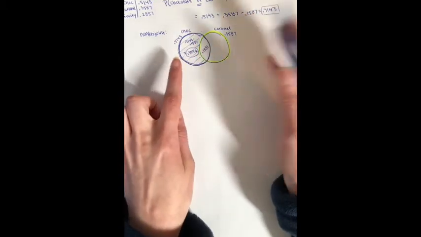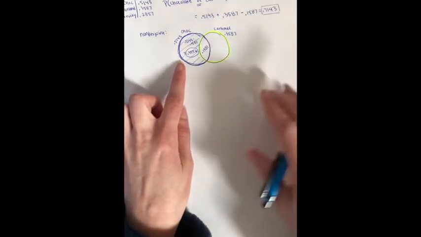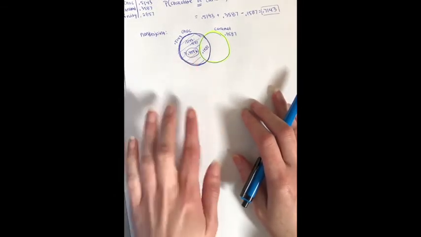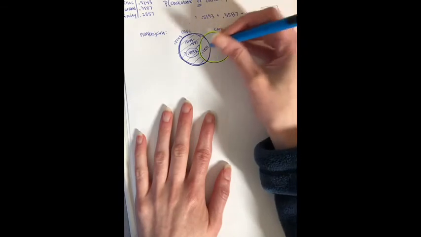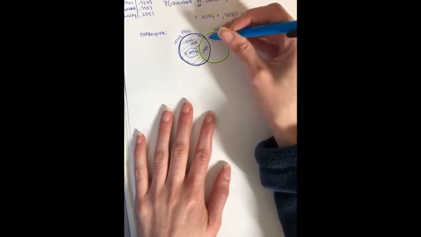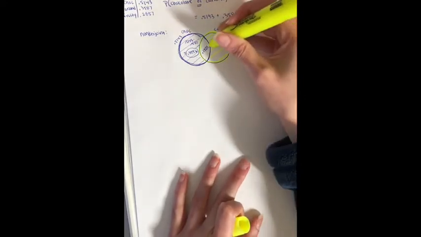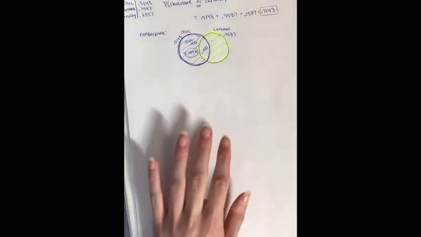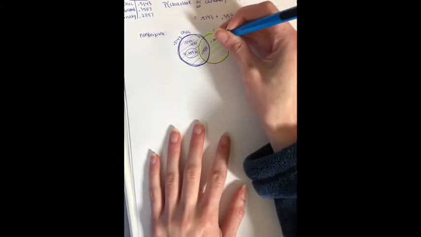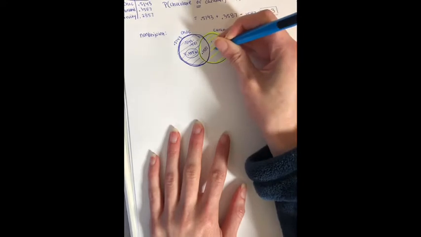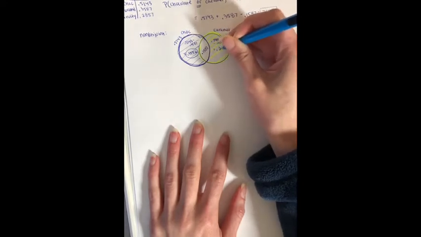And what that is in my bowl, if I remember, is just the chocolate kisses, which is what the chocolate kiss probability is. And the same here. I just want the caramel, not the both section. So I'll take my 0.3587 and subtract the 0.1587, and I get 0.2.